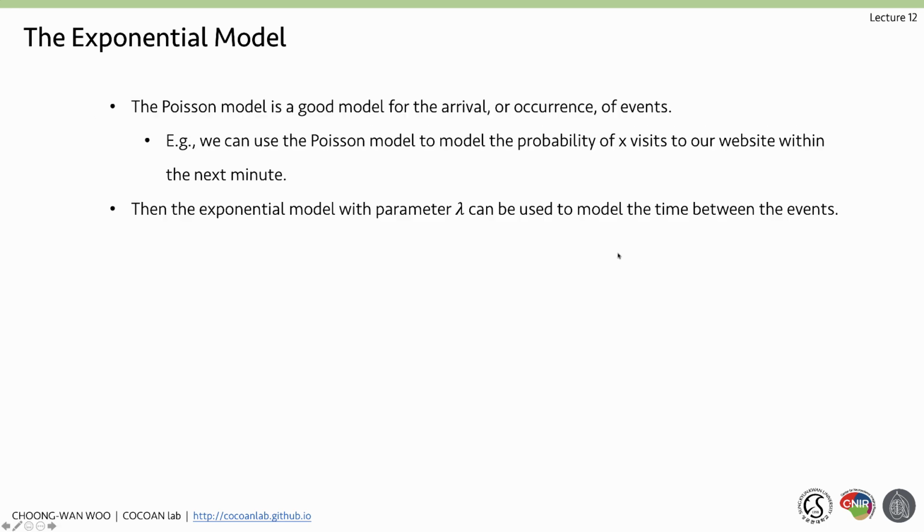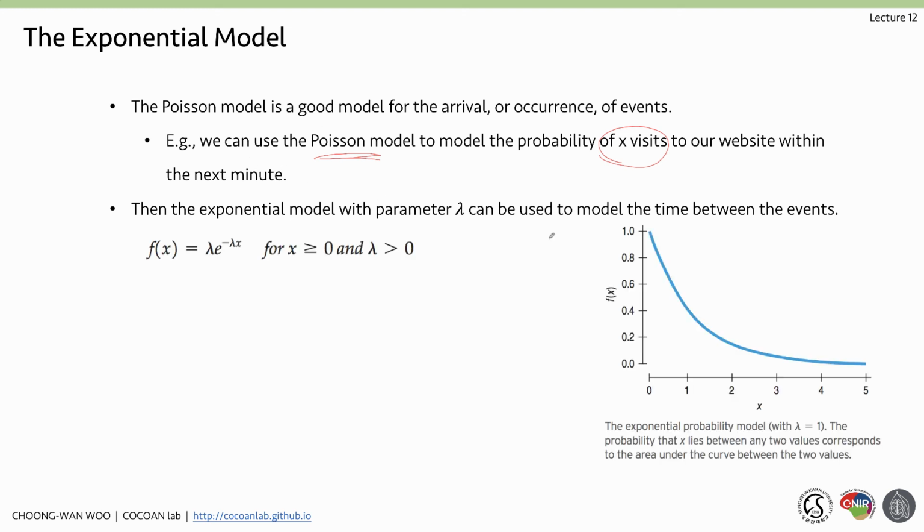And there's the exponential model. The Poisson model is a good model for the number of occurrences of events, but sometimes we need the time between the events, between the arrivals. For example, we can use the Poisson model to model the probability of x visits to our website within the next minute, but we can model the time interval between the visits using the exponential model.